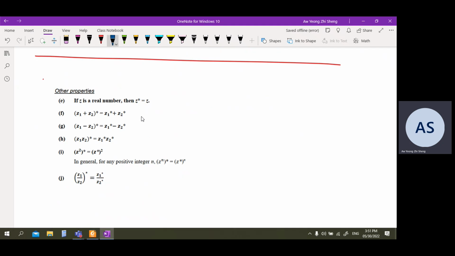This one we have already briefly mentioned when we did the bottom part of page 2. So for example, if z is the real number -2, which is the same as -2 plus 0i, then z star will be just -2 minus 0i, which is the same as -2 itself. But what is -2? -2 is just the original z.